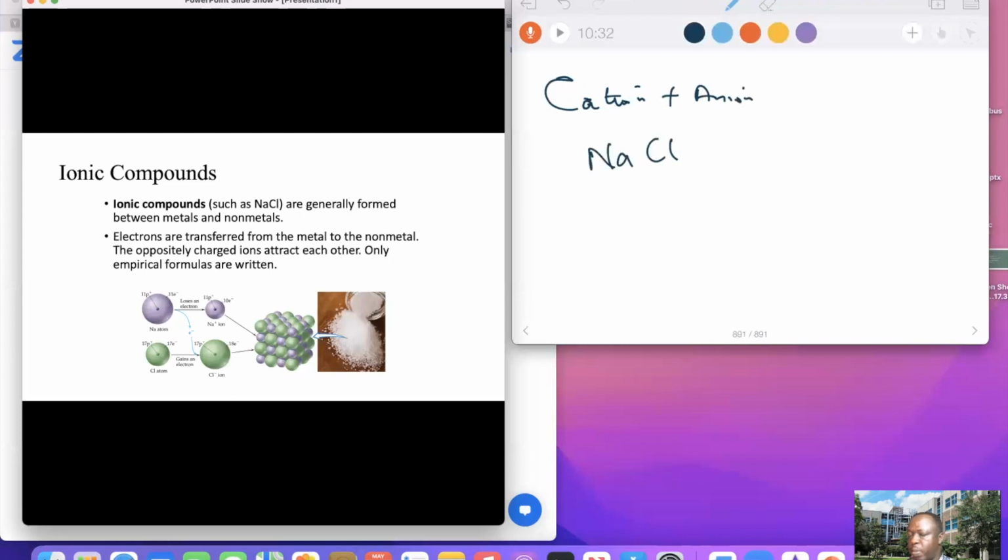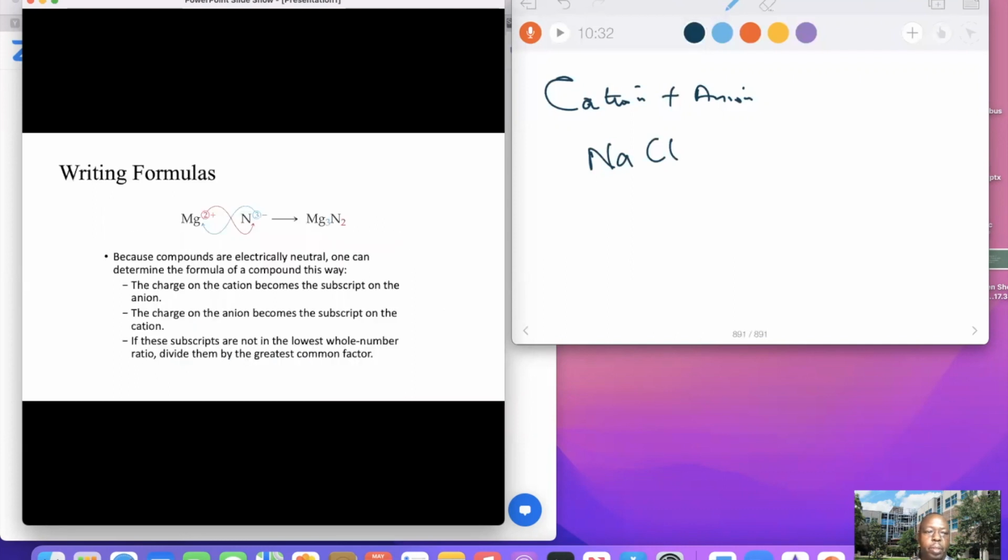Sodium chloride, all right, chlorine being green, sodium being the purple color here. This is an ionic compound, and by just looking at the chemical formula, you can classify a compound as ionic.